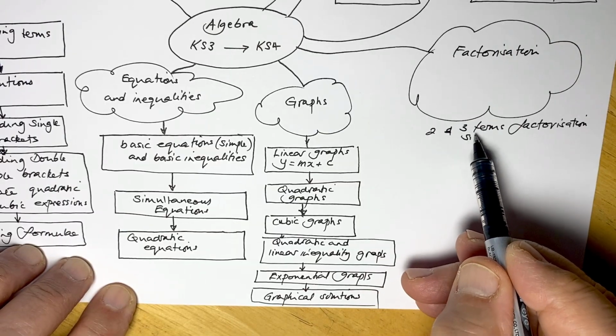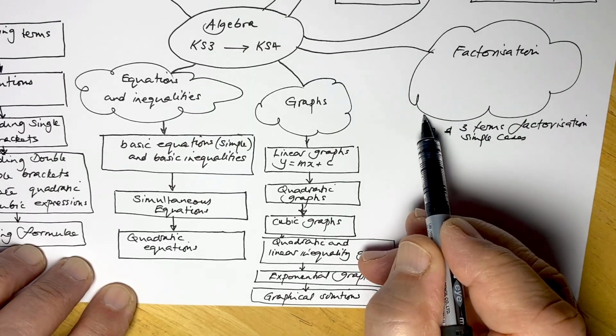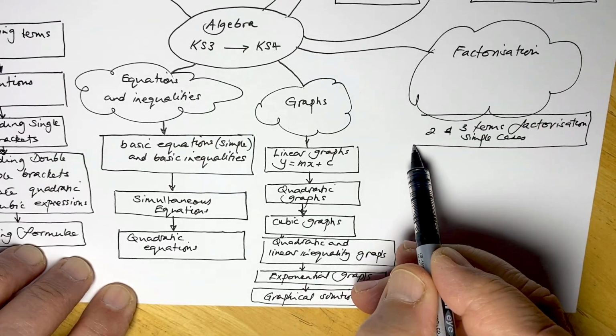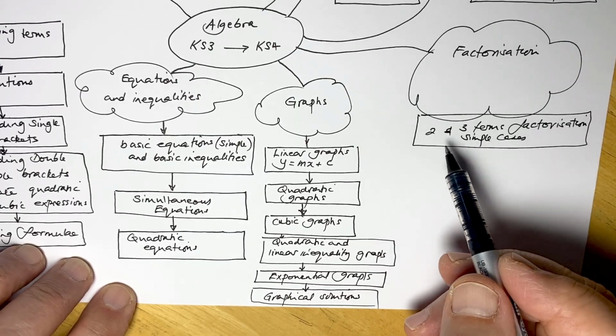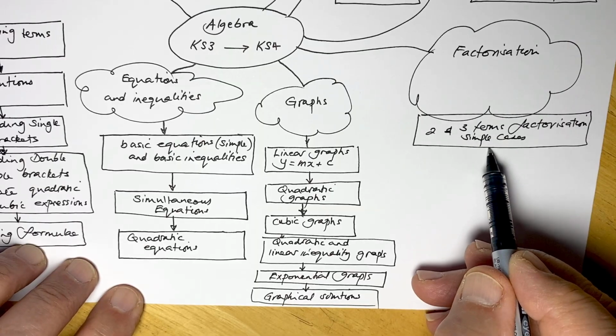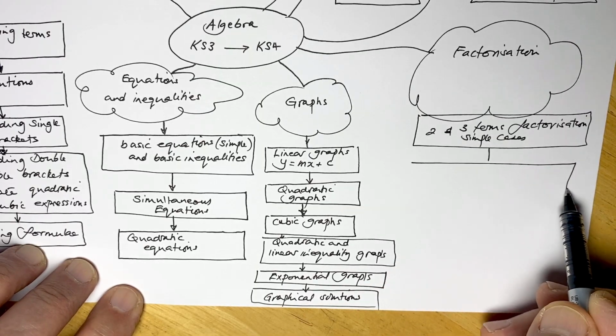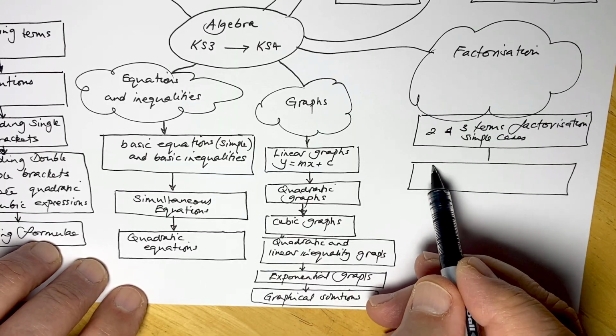Simple cases where you factorize a number or a letter or number and letter from 2 terms or 3 terms. Then we can go here to quadratic factorization, the simple type.